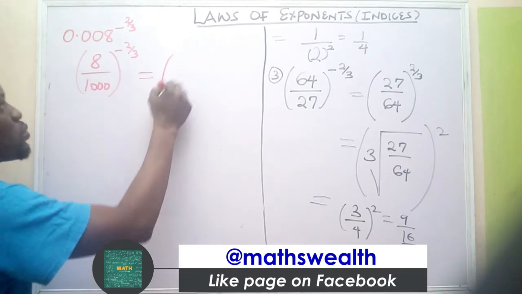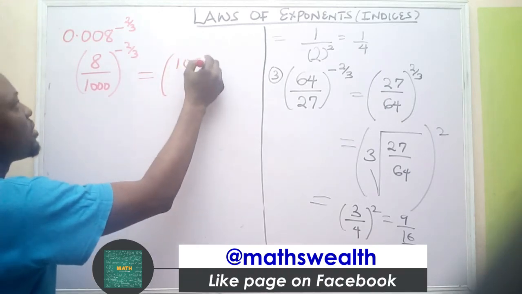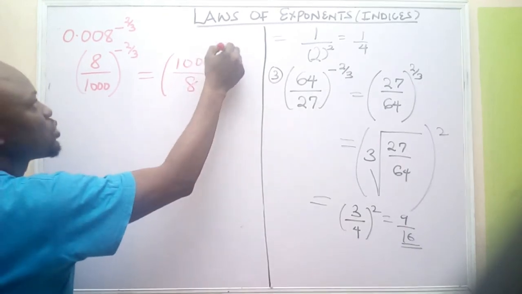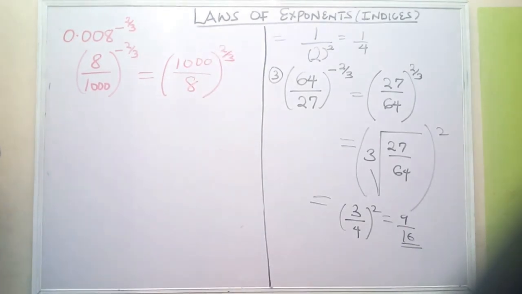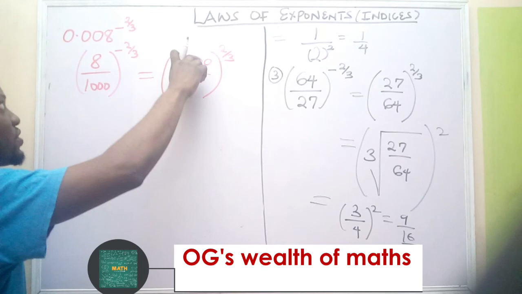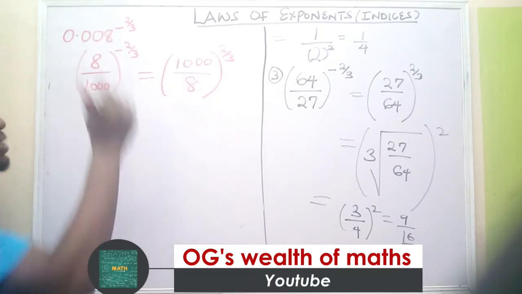So therefore, my expression will now be 1,000 over 8, all raised to the power 2 over 3. Now, there is no negative sign. The base becomes the inverse, and then the negative sign disappears.